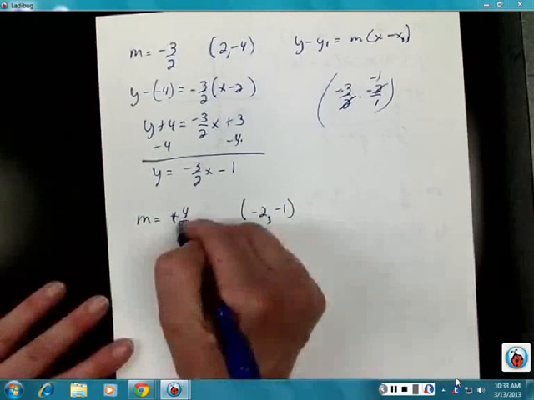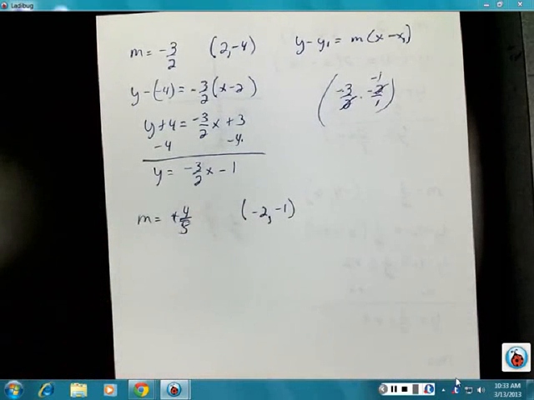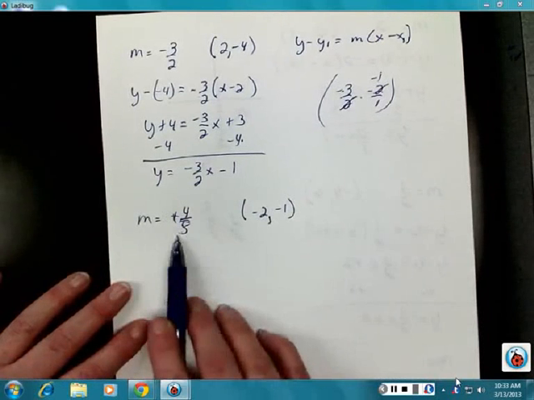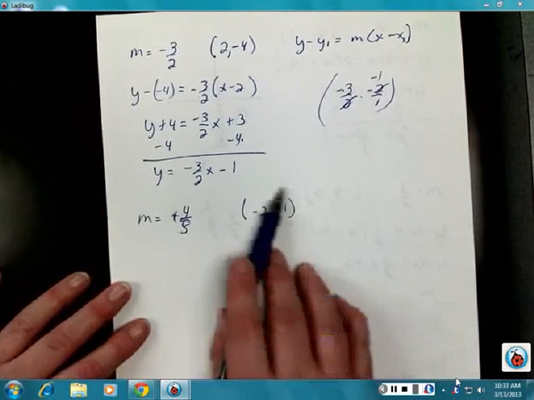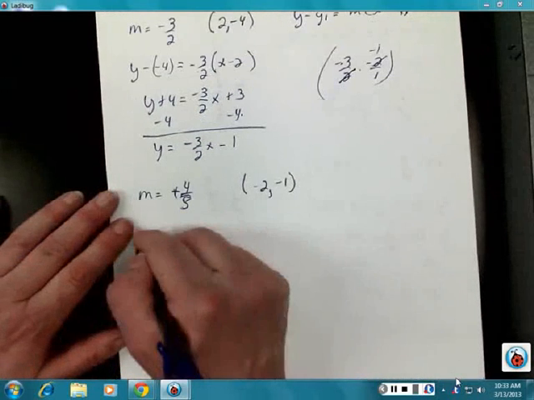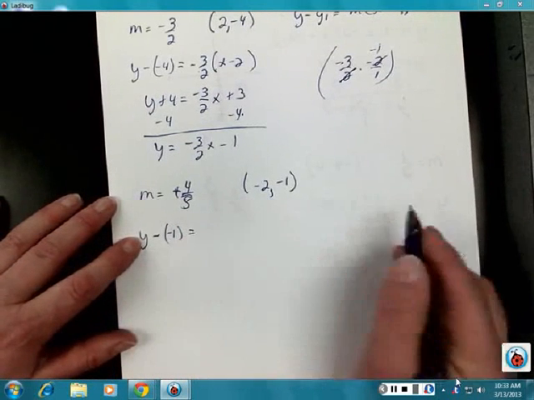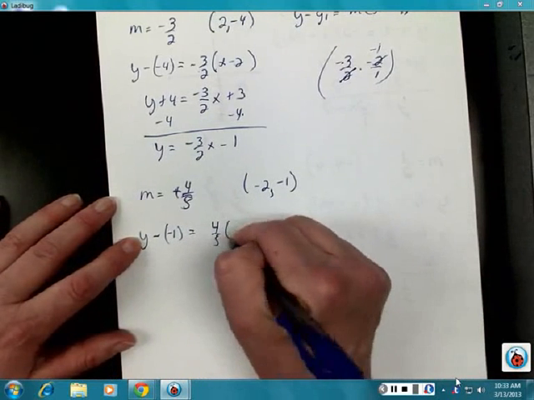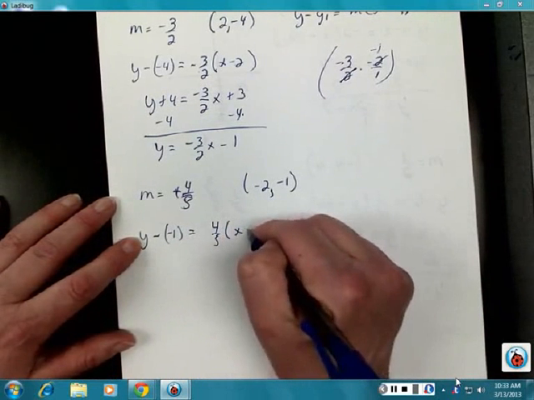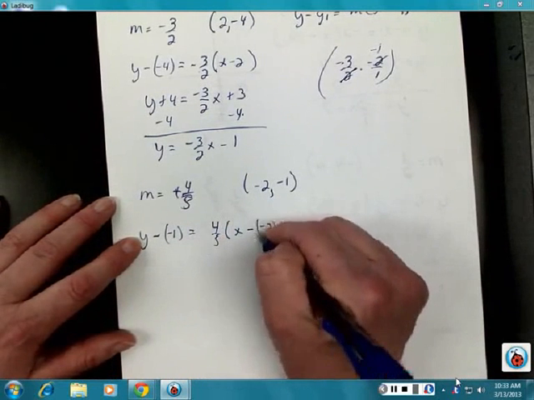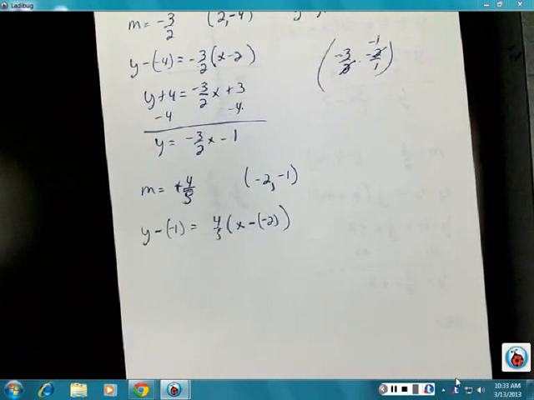Now this is one of the more difficult ones because it's got your slope as a fraction and your points. When I plug it in, y minus a negative 1 is equal to 4/5 times x minus a negative 2.